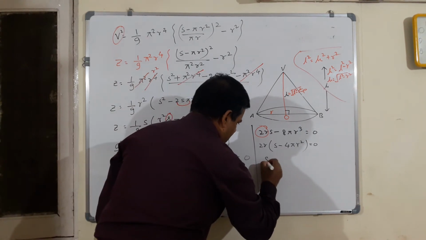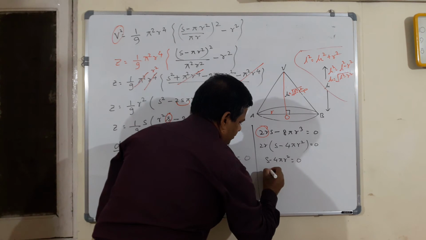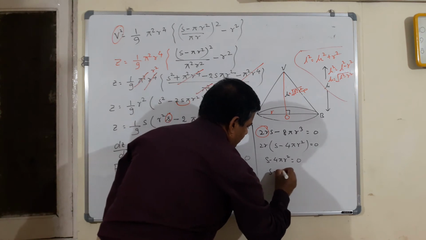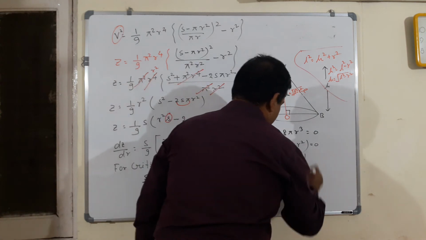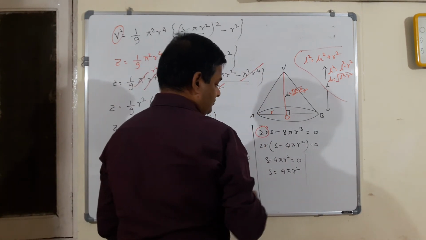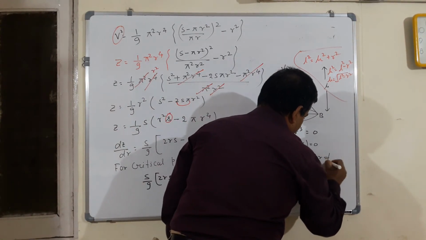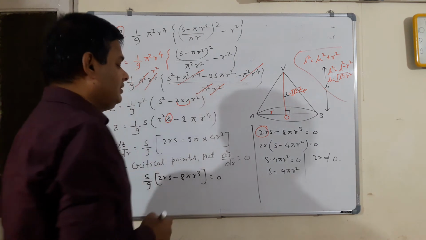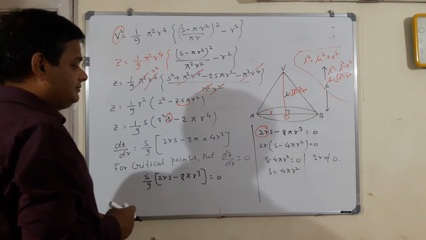So s minus 4 pi r square is equal to 0. So s is equal to 4 pi r square, because 2r never be 0.